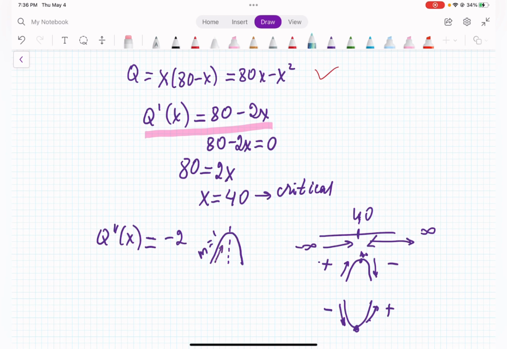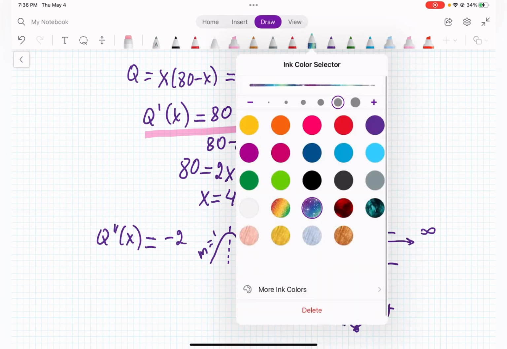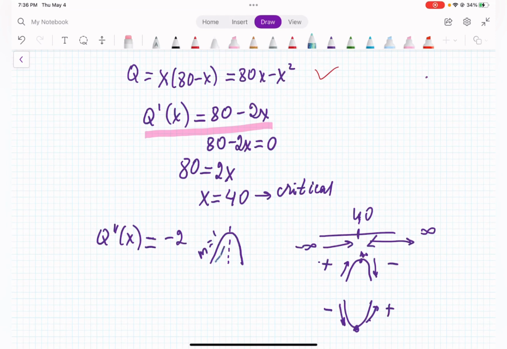And here m equals, let's say, -1, because it's falling. I need to use different colors so it will be well seen.